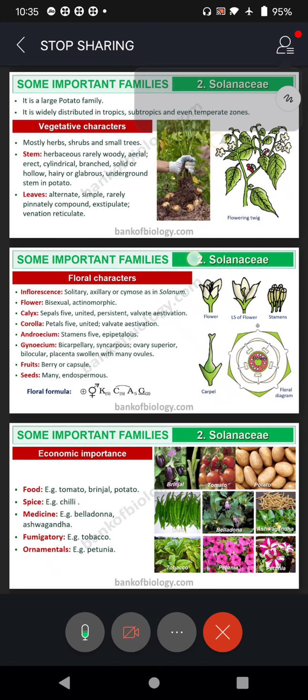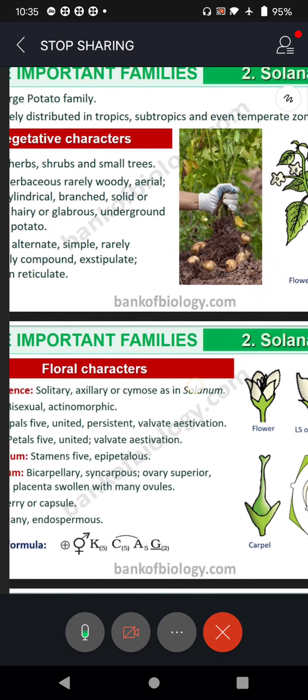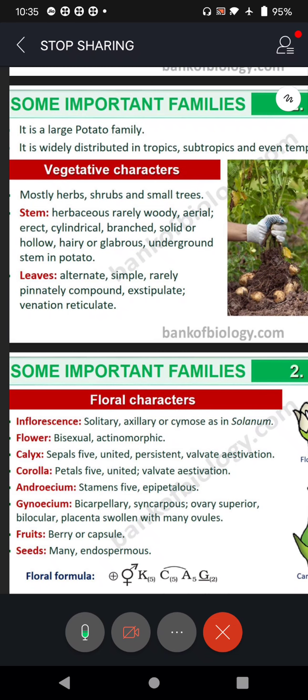Now, as most of you have seen, either brinjal or potato or tomato, you know that. You just keep the plant in your hand, as he is saying, see, the farmer is plucking the potato plant there.